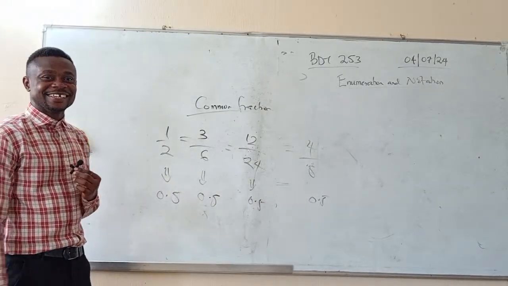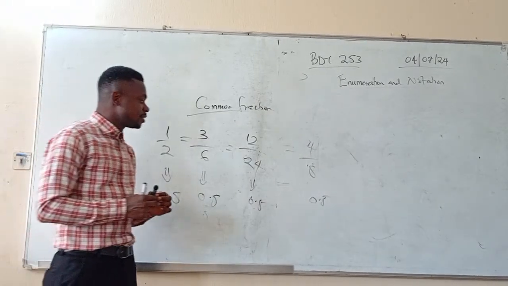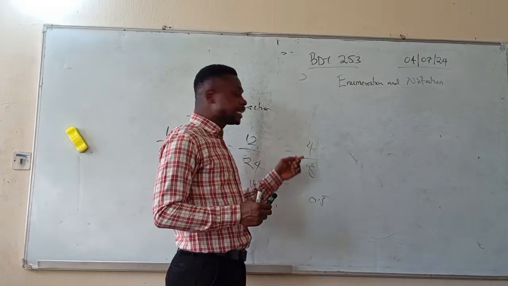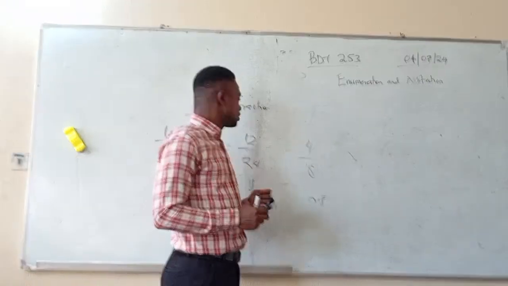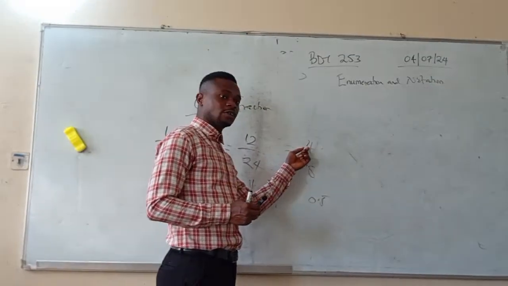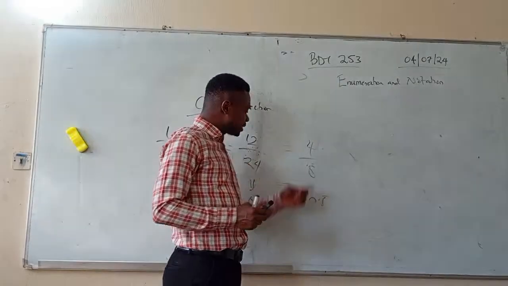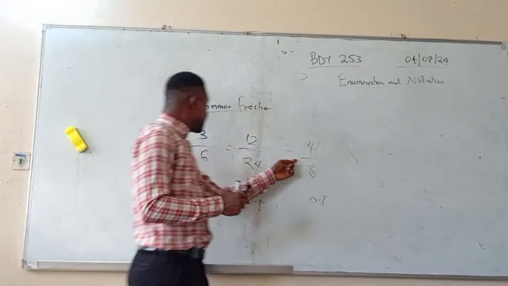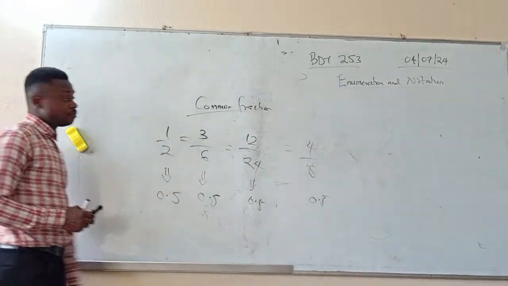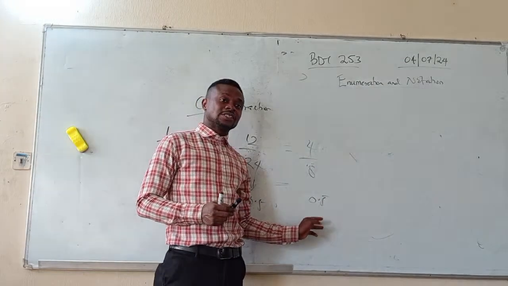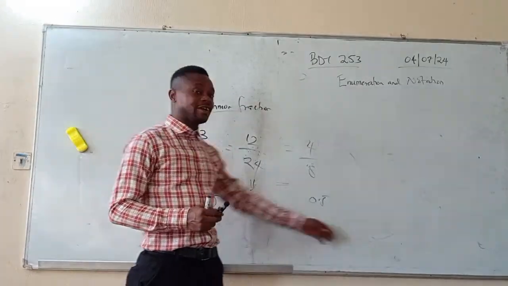I said divide by 3. 12 divided by 3 is 4. 24 divided by 3 is 8. 4 over 8, these things are equivalent fractions. 4 divided by 8 is 0.5. These things are equivalent fractions.